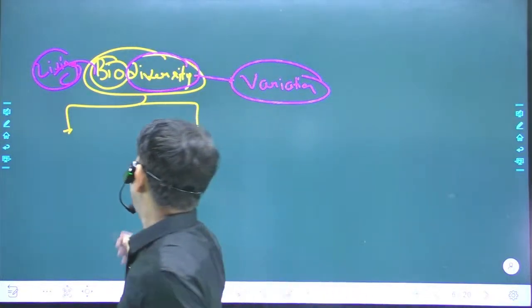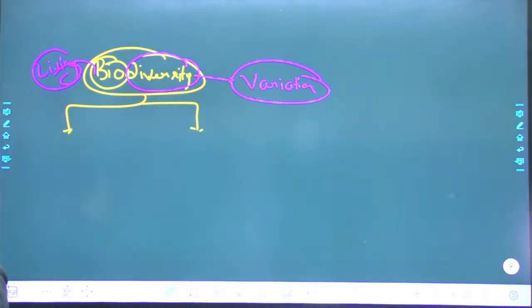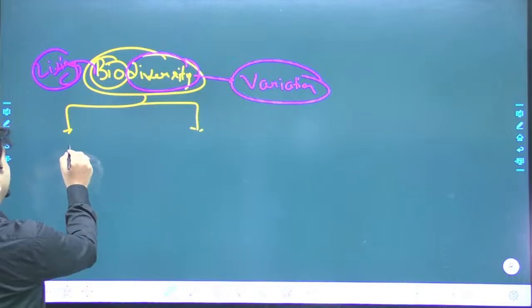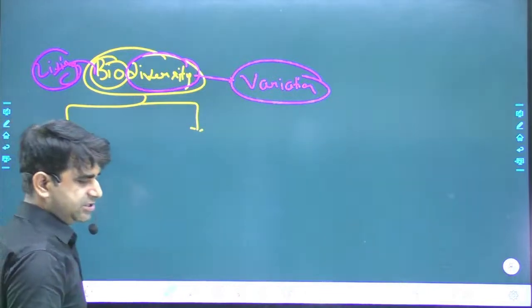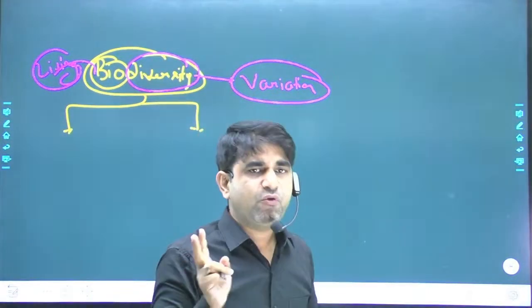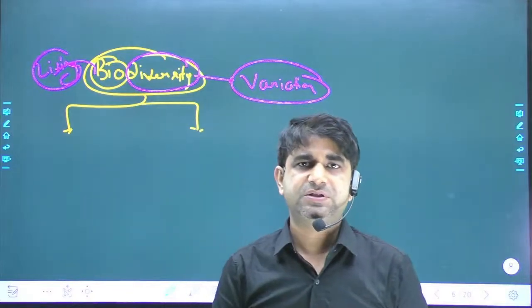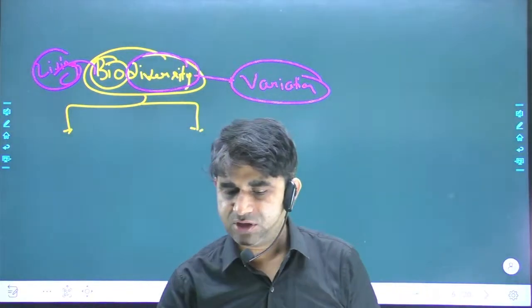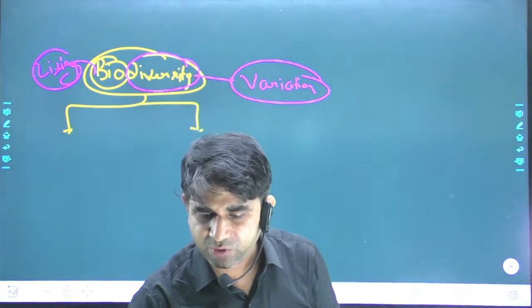We can divide the whole biodiversity into natural and artificial biodiversity. But first, what is the main theme for the biodiversity?